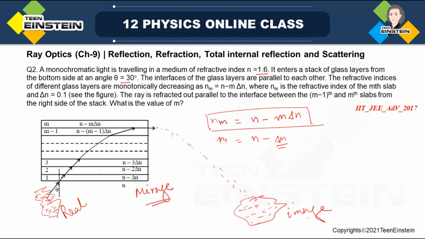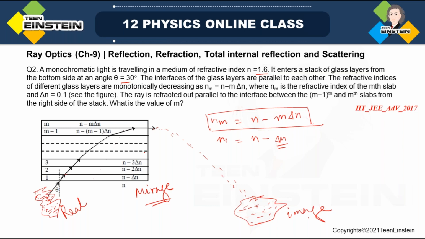So this is an image, not the real water pond or water source. It is coming from somewhere very far away. So this is the property of the refractive index of various layers, that it is reduced as we go higher and higher from the earth surface.